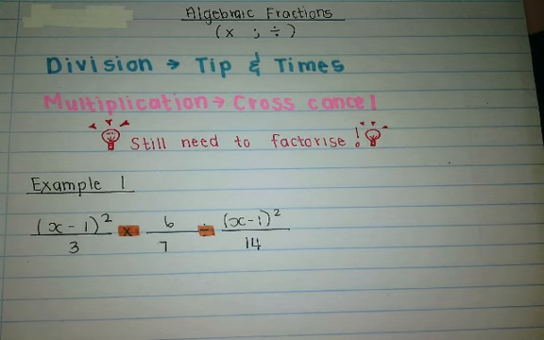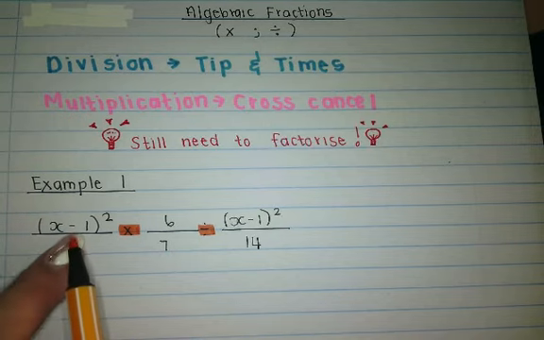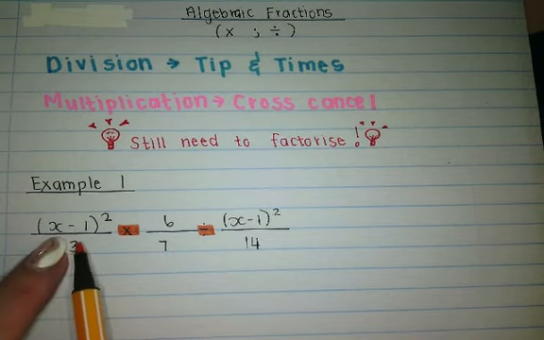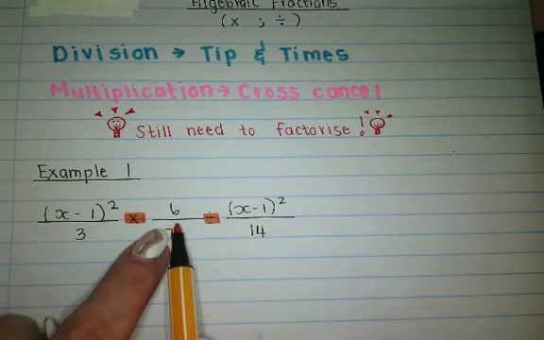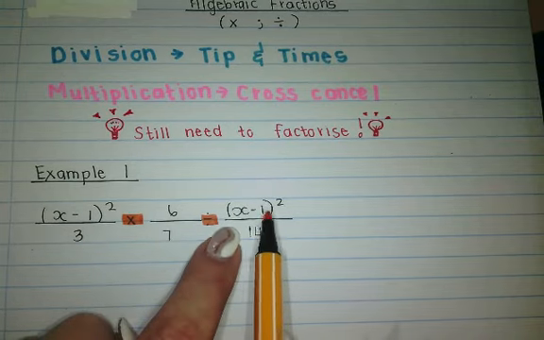Is it factorized already? Now remember we're going to see if all numerators and all denominators are already factorized. Brackets? Yes. Can you factorize one term? No. Can you factorize one term? No.